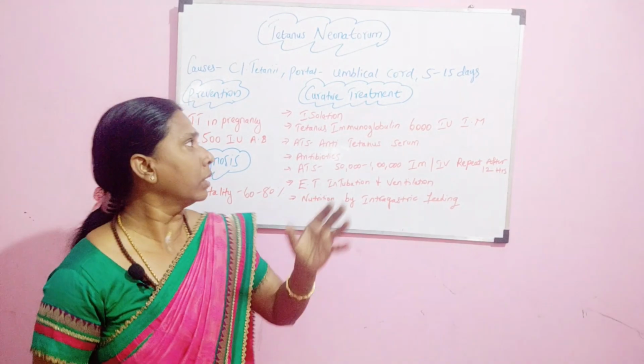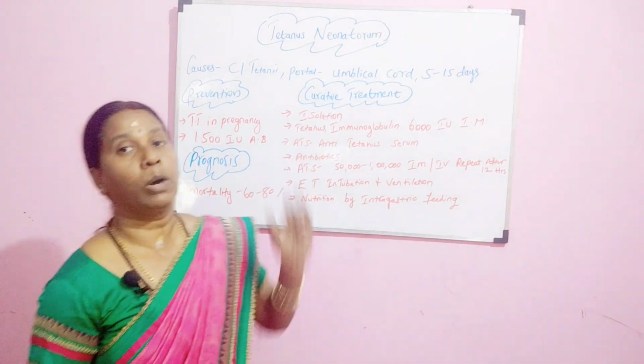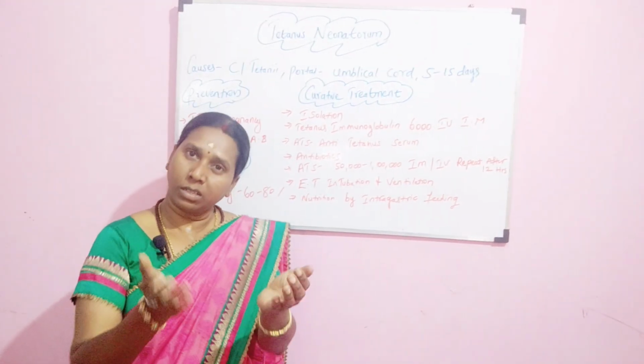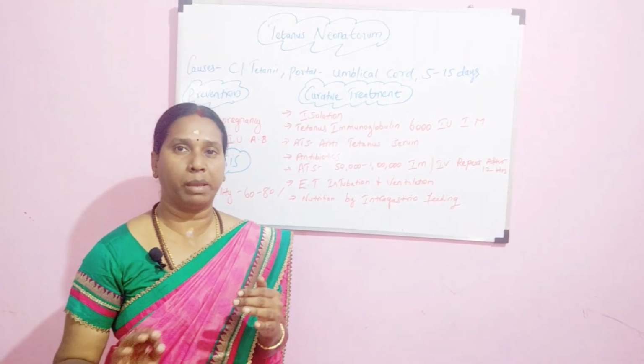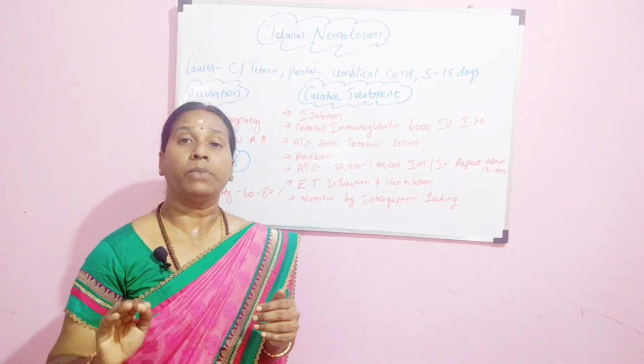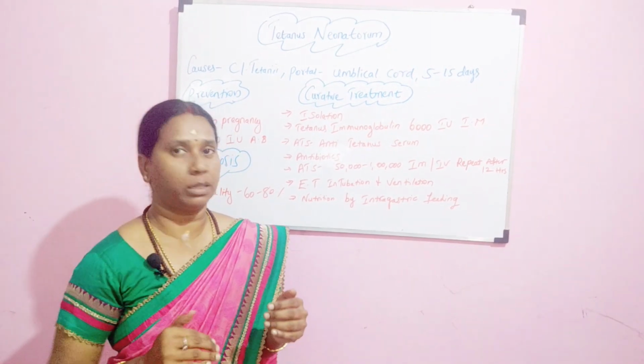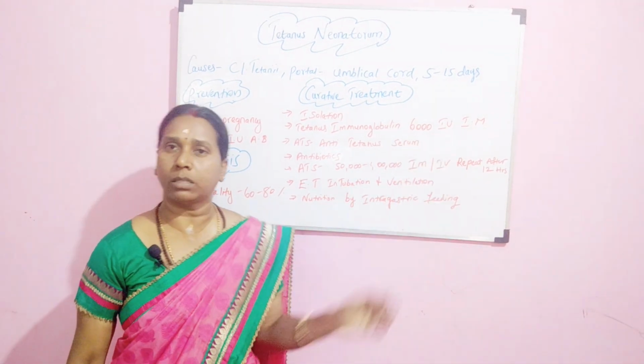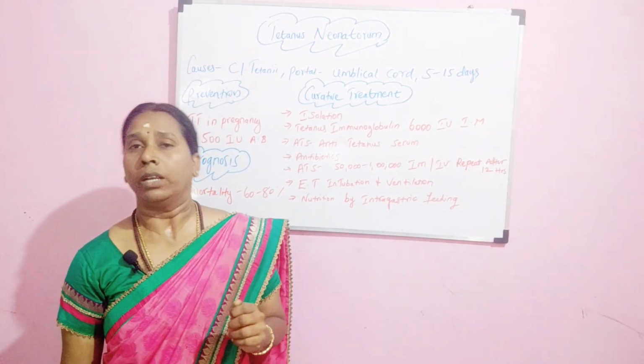Thinking of the small baby, you have to isolate the baby first. The infection is already severe, so isolate the baby separately so that the baby doesn't pick up some other infection. Then tetanus immunoglobulin, 6000 international units, you have to administer intramuscularly.